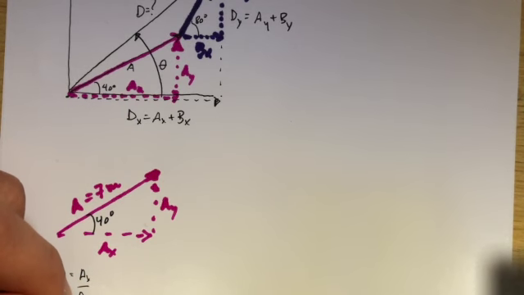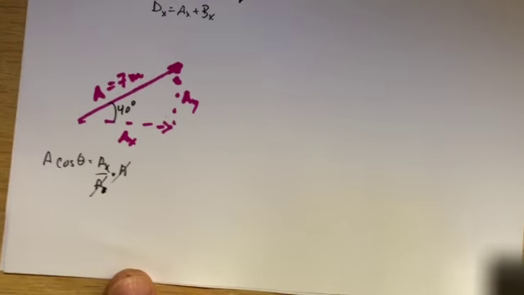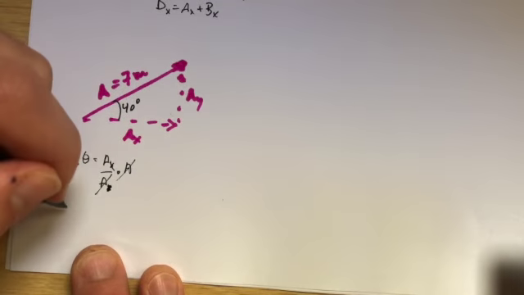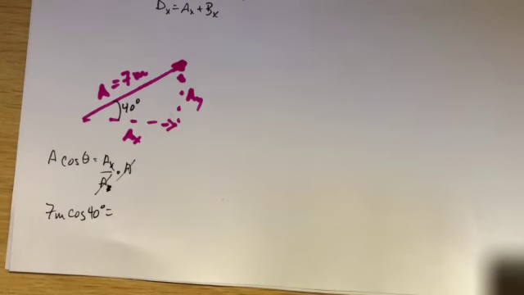Oops, shoot. There shouldn't be a subscript there. AX over A. I want AX by itself, so let's get rid of A by multiplying both sides. All right, and then I go 7 meters times the cosine of 40 equals AX.